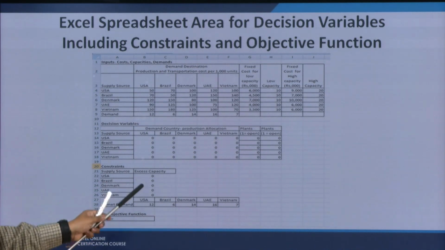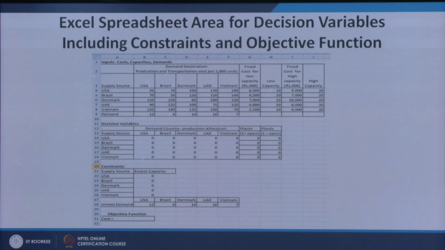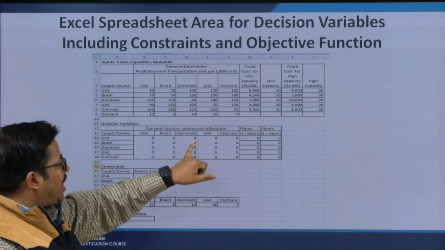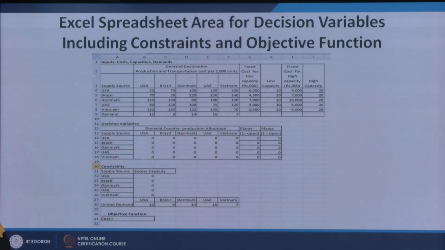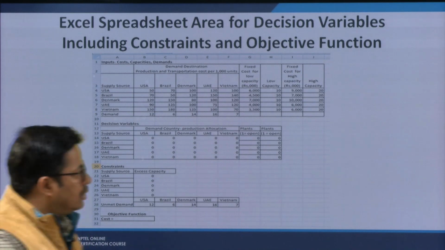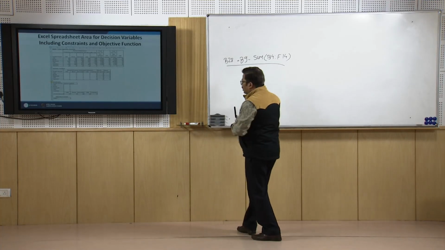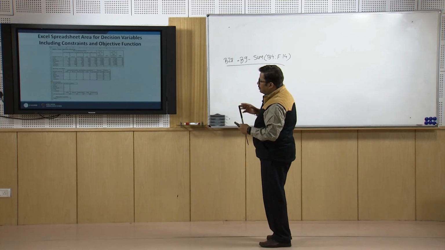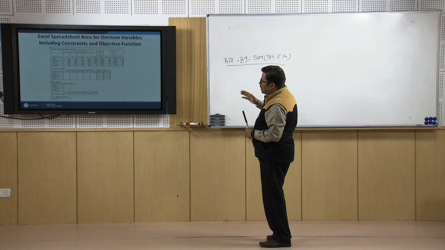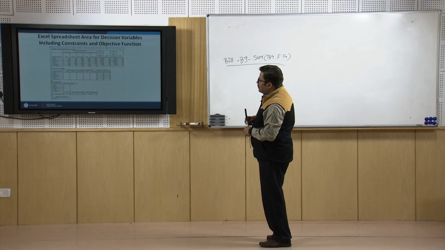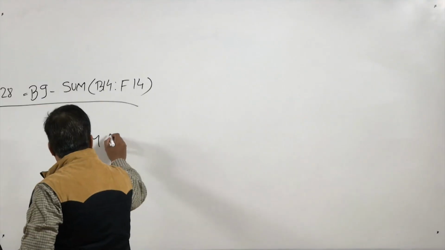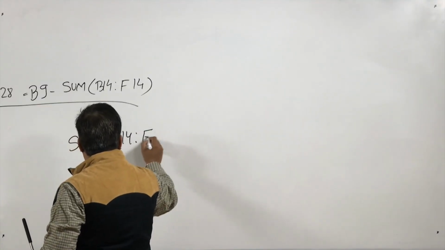Now, coming to the excess capacity, USA is supplying to USA, Brazil, Denmark, UAE and Vietnam. USA is supplying to all these different locations, and when you are supplying from USA to these destinations, the total supply from USA is B14 to F14.